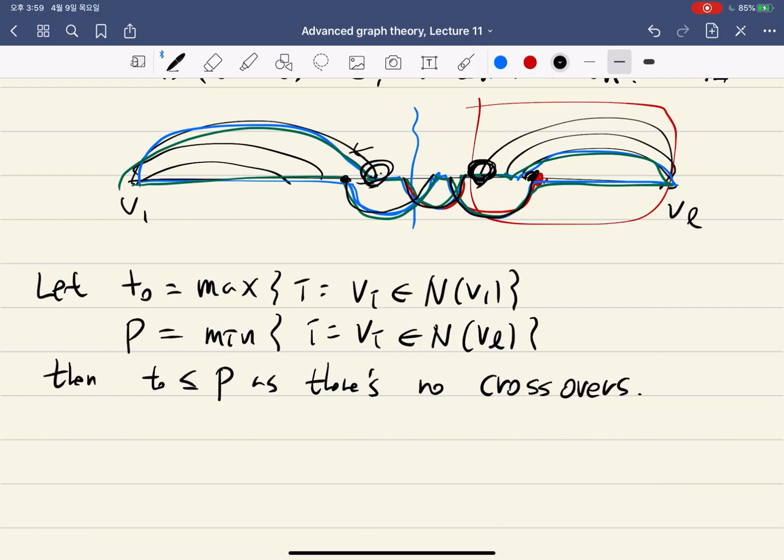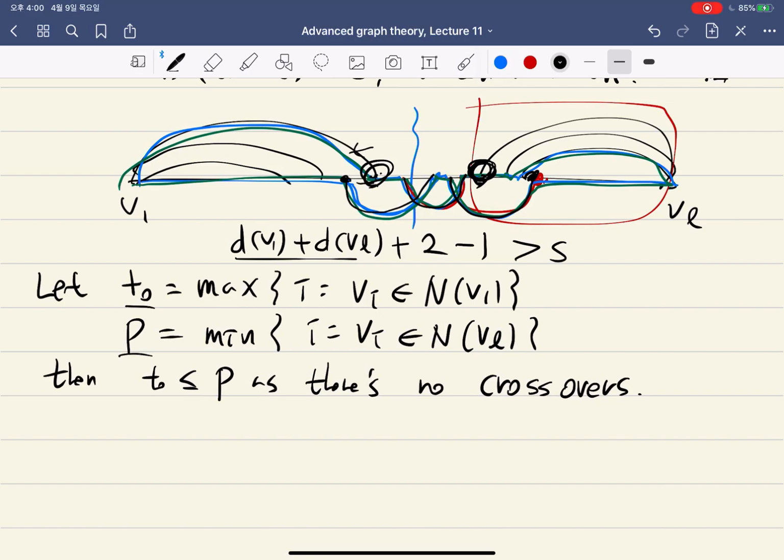Then it has length at least t(P1) plus t(PL) plus 2 for the vertices P1 and PL, and in case these two coincide, we count one vertex twice here, so we get a strictly bigger cycle than S. So we are done.